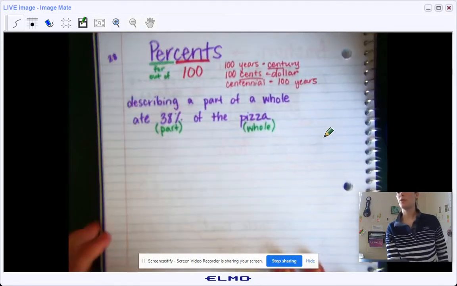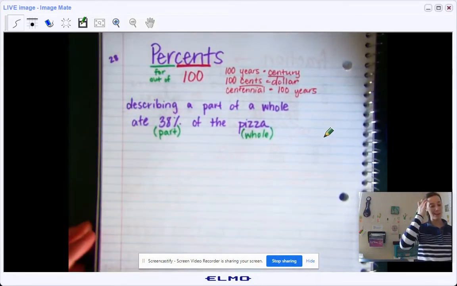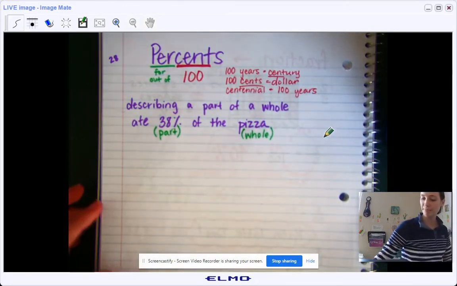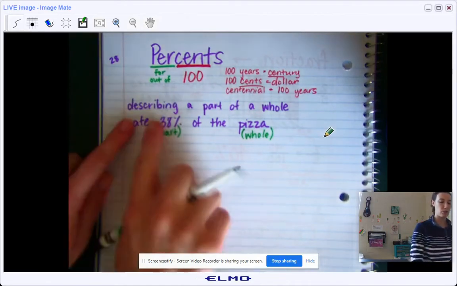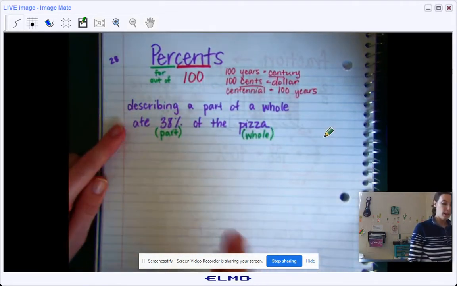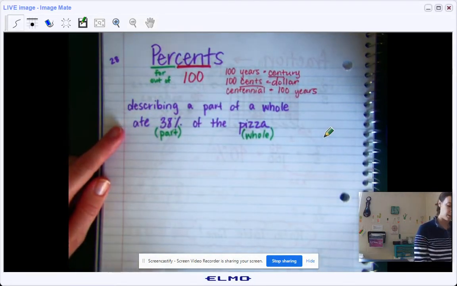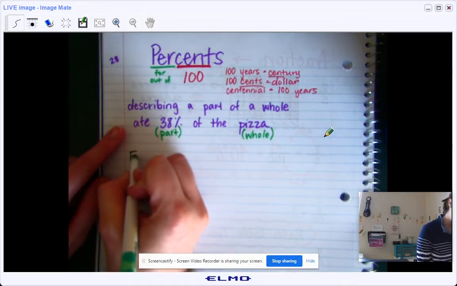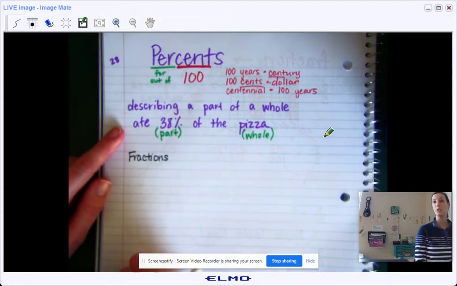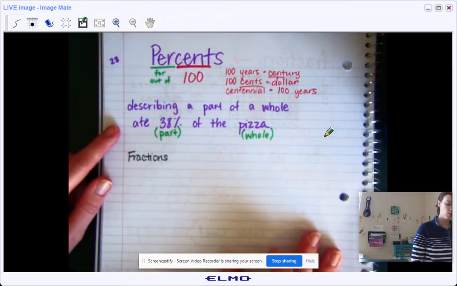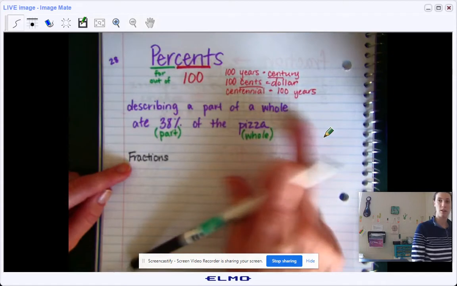Okay? Now, in your little math brain, you should start to be thinking, I feel like we've done other things where we described a part of a whole. And yes, we did in chapter 2. In fact, we used fractions, and even in this unit, we used some ratios. So a fraction is also a part of a whole.